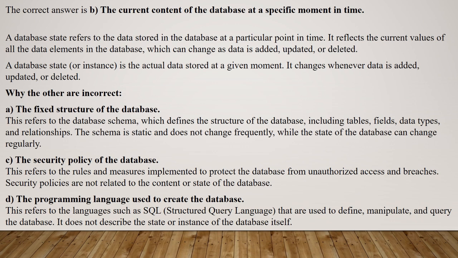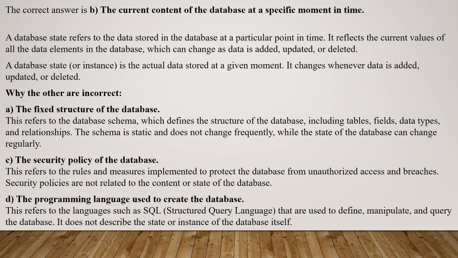The correct answer is B, the current content of the database at a specific moment in time. Database states refer to the data stored in a database at specific or particular points in time.